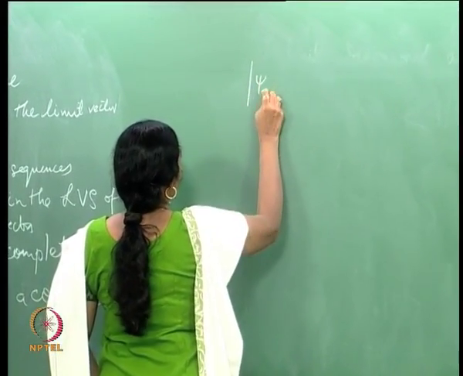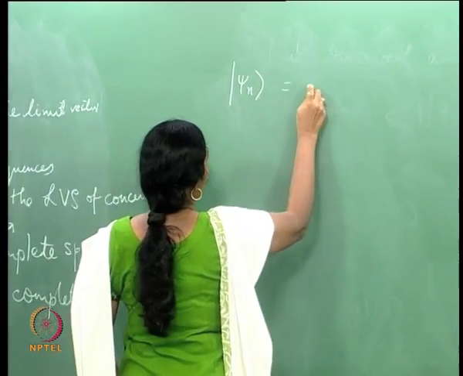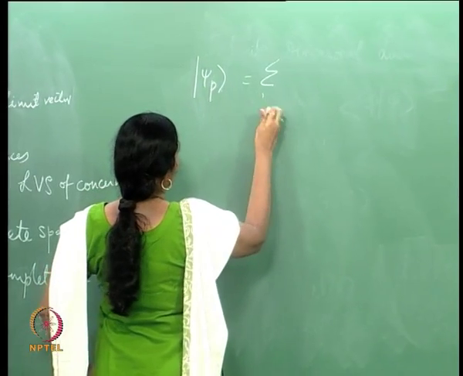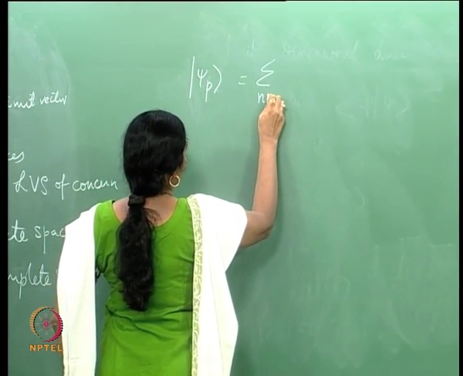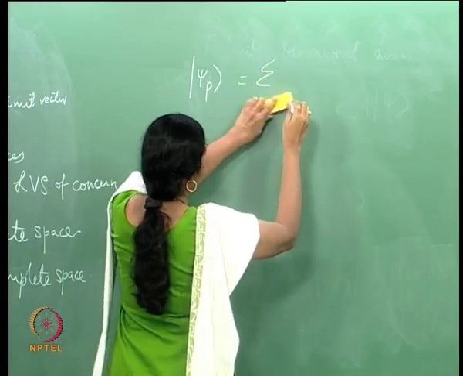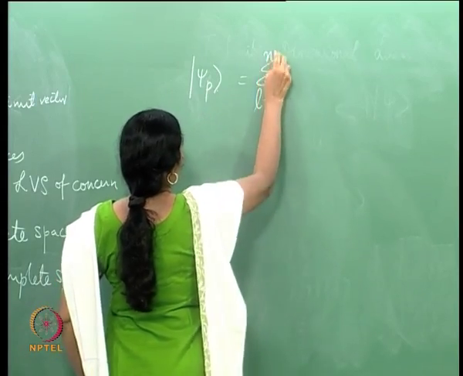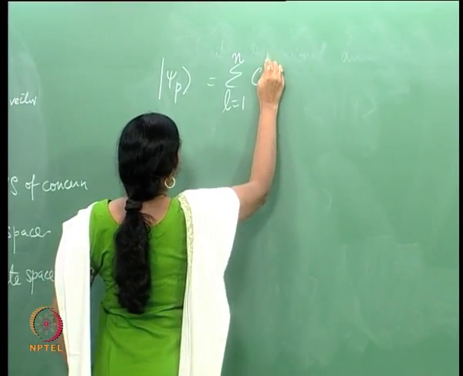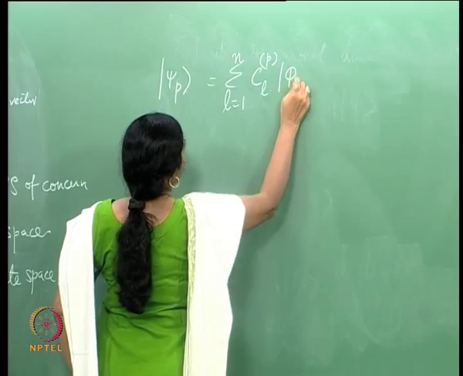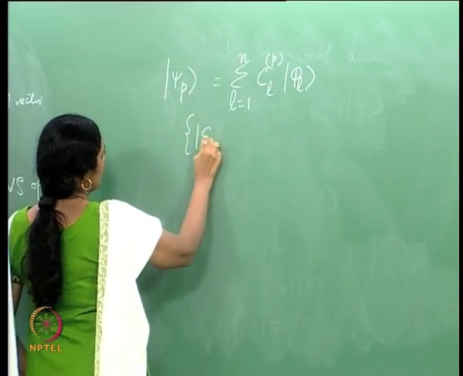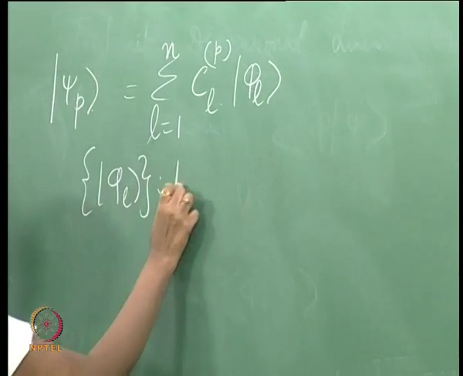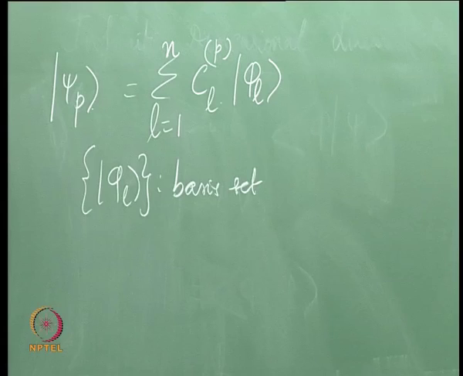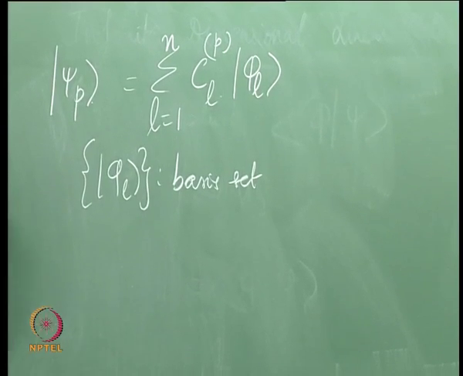Consider a vector psi p, let's say, in an n-dimensional vector space, and therefore it is expanded in terms of the basis set phi L. And there are n of them because it's an n-dimensional linear vector space.